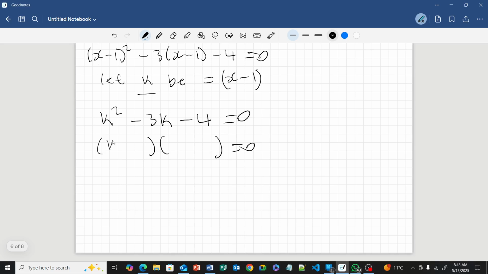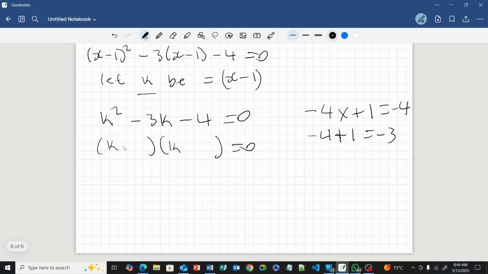So we are going to have k, and k. Now factors of negative 4 that, if I add them together, must give me minus 3. If I take a minus 4 times positive 1, I will get minus 4, but if I add them together, I will get minus 3.